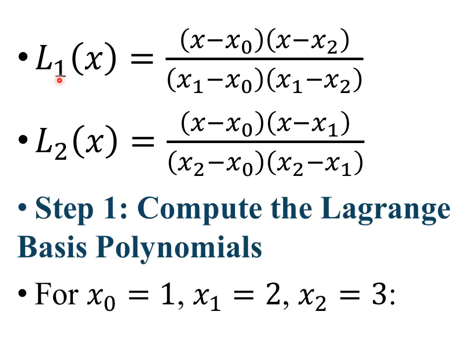Now you can see here L1(x) equals (x minus x0)(x minus x2) divided by (x1 minus x0)(x1 minus x2). In the same process we find L2(x). The formula is given.